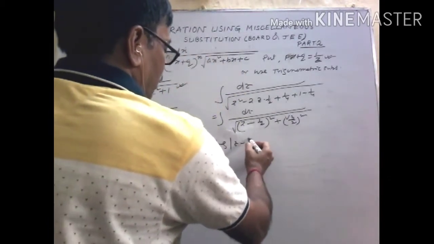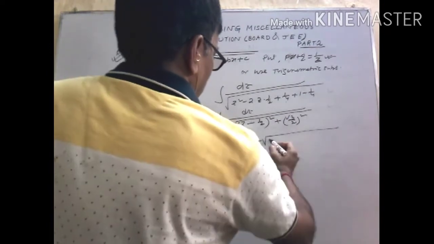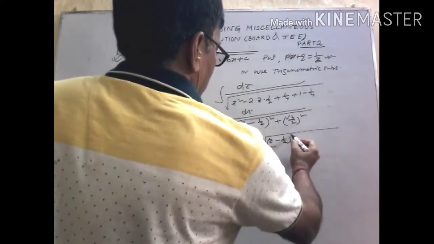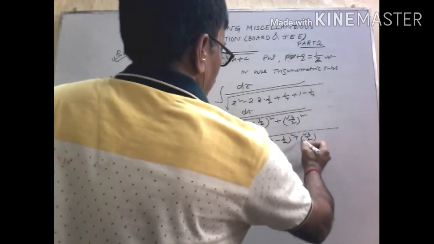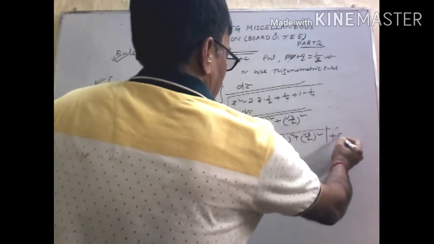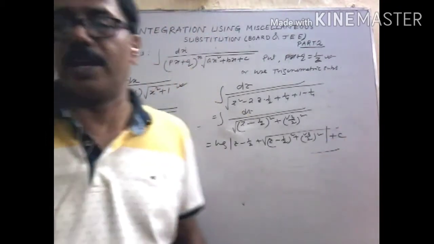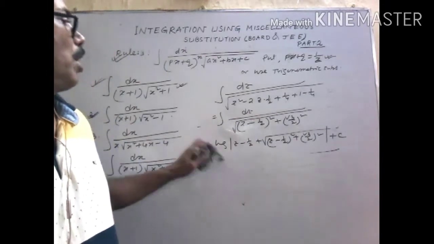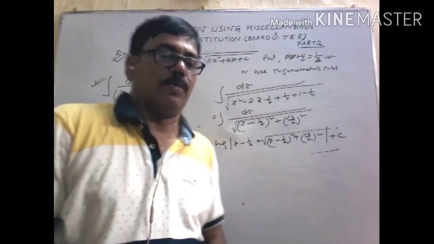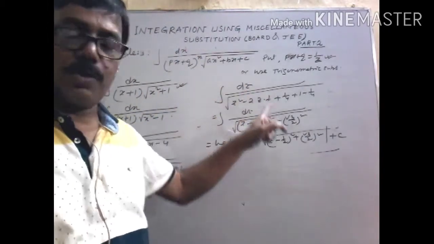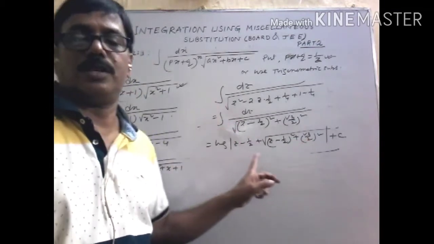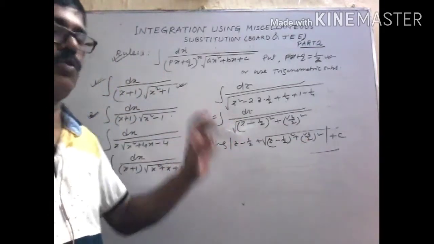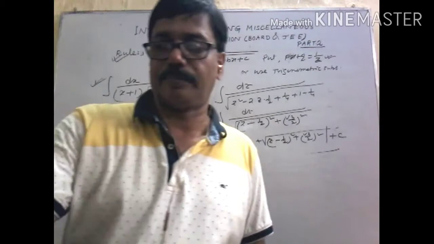So log of (z minus half) plus root over (z minus half) whole square plus (root 3 by 2) whole square, plus c. Now putting the value of z, we get the value of the integrand. So we can put a trigonometric transformation or this linear substitution equals 1 by z.